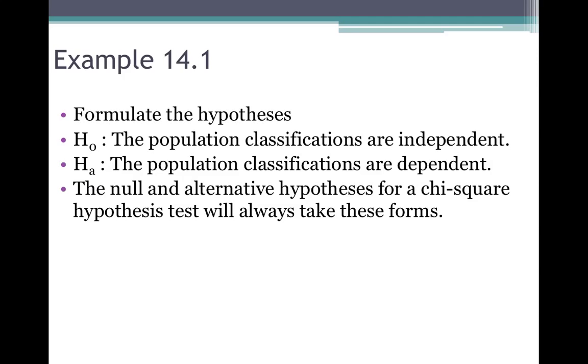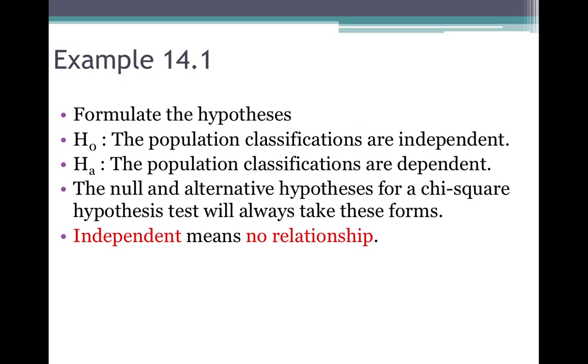So we're going to formulate our hypotheses using the words "the population classifications." That's how we're going to start the phrase of our null and alternative hypotheses. And then we're going to state the two classifications and that they are independent. Remember that independent means no relationship.